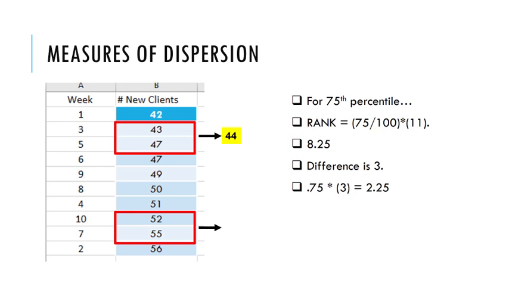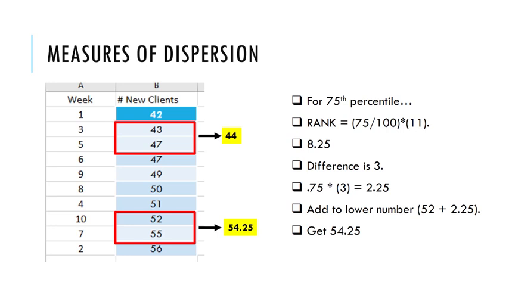All right, what do I do with that 2.25? I add it to the lower number. So 52 plus 2.25 gives me 54.25.